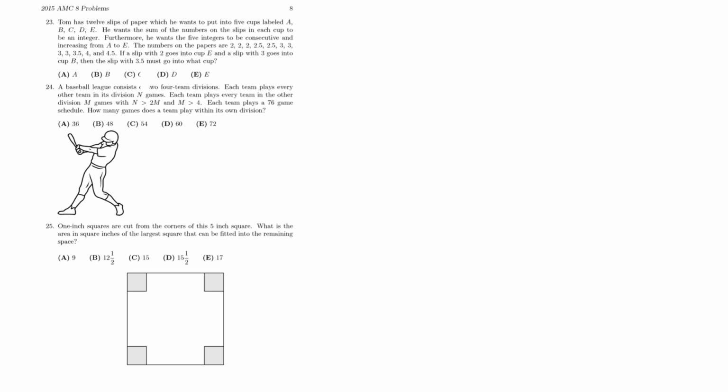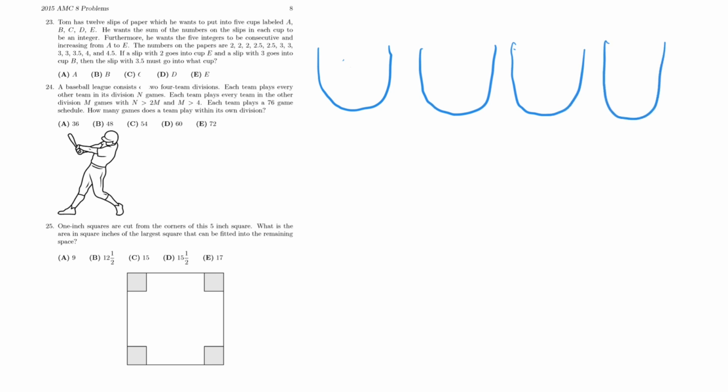So let's draw the 5 cups, A, B, C, D, and E. Also the slip with 2 goes into cup E, so here has 2.